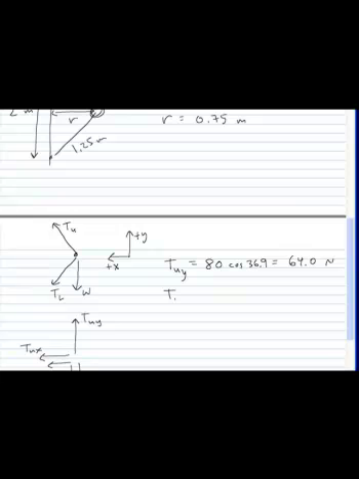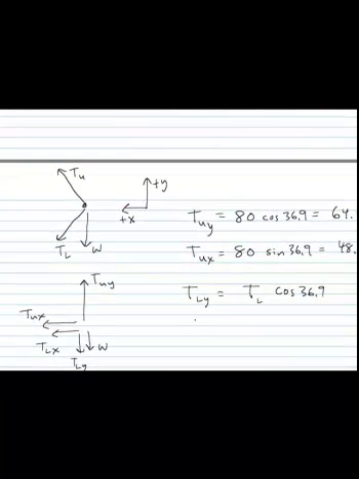I know that T upper in the x direction is 80 sine theta, and I got 48. And T lower in the y direction is the tension times cosine theta, and T lower in the x direction is T sine theta.